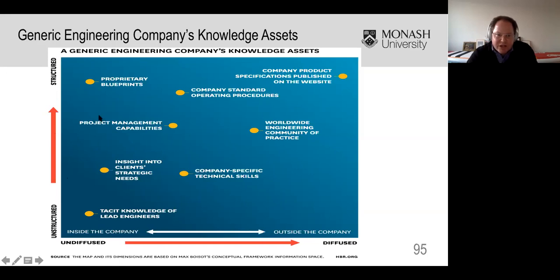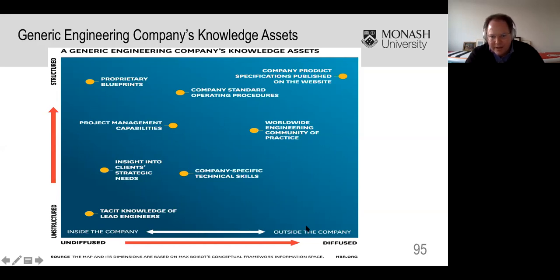When it came to structured but undiffused elements, it was the proprietary blueprints. The blueprint is normally the driving feature of the design. This is actually quite hard to make, and it's normally a question of iteration and sense making. A lot of knowledge is built into it, but this is of course invisible, so it is tricky to repeat.